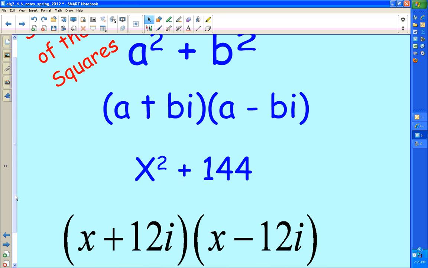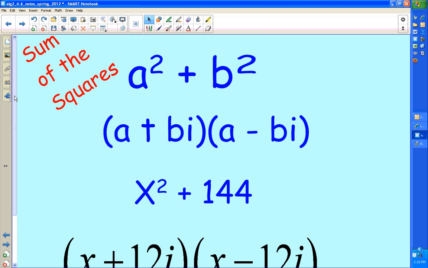Now, let's talk about factoring real quick. If this was a squared minus b squared, what would you call it? A difference of 2 squares.